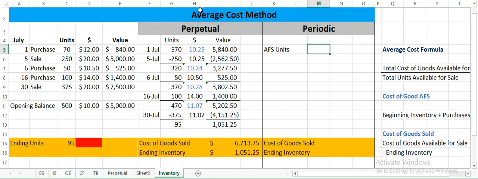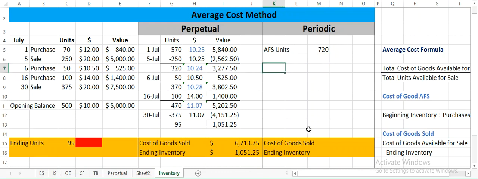We have 500 units we started with, plus we purchased 70, then another 50, then another 100. So my available for sale units throughout the month was 720 units.